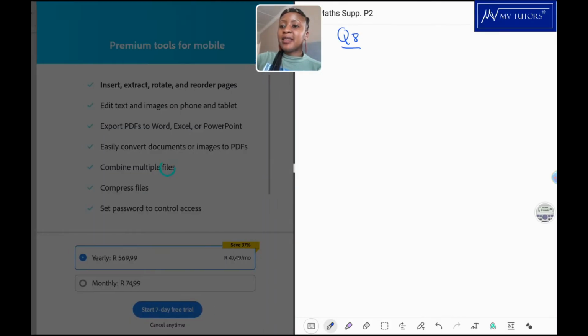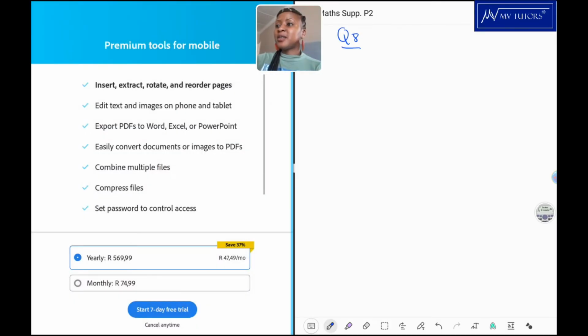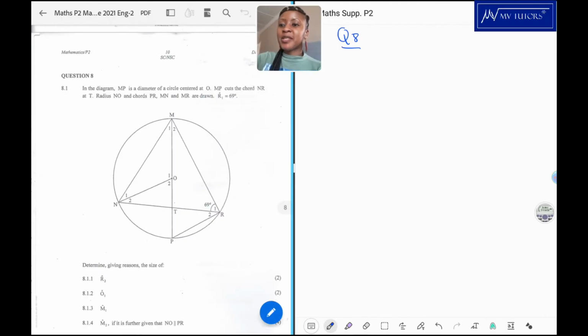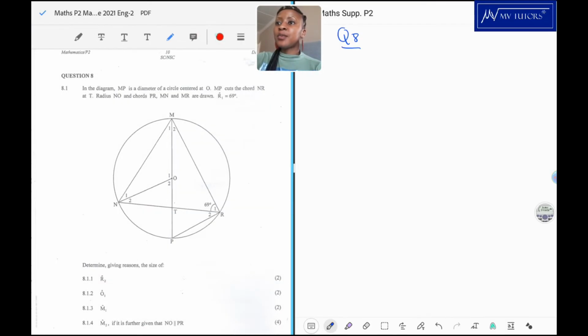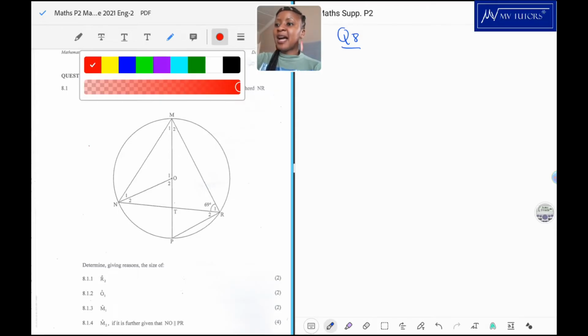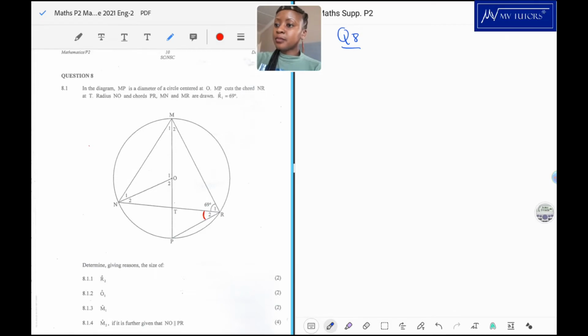Okay, so I'm just going to highlight them. So we need R2, O1, M1, and M2.